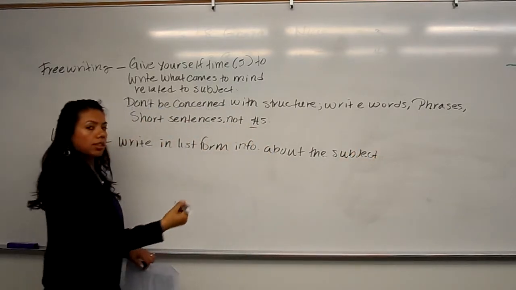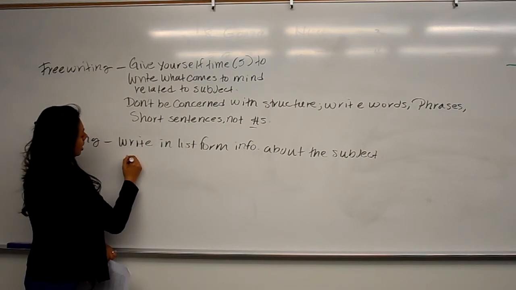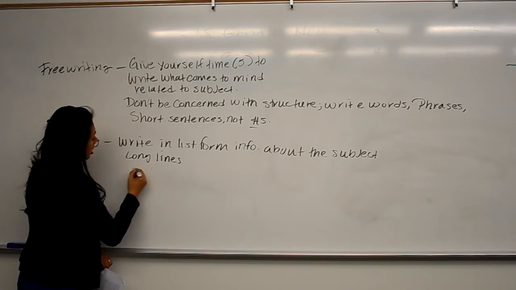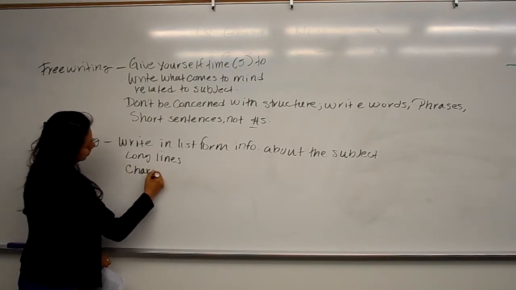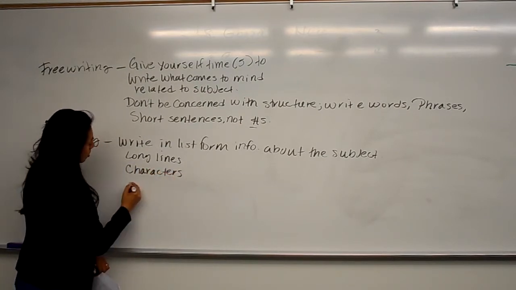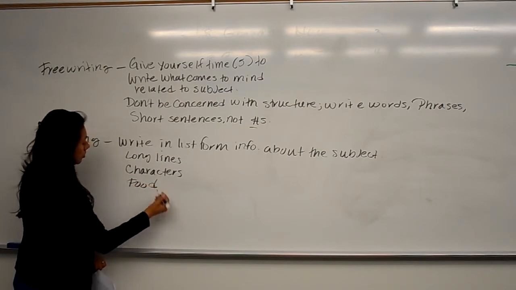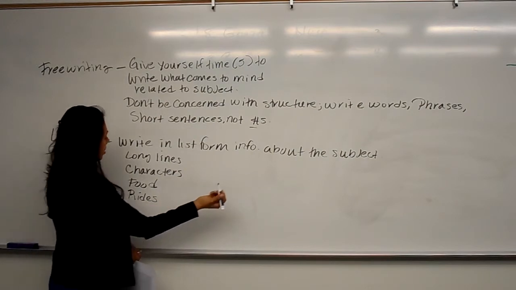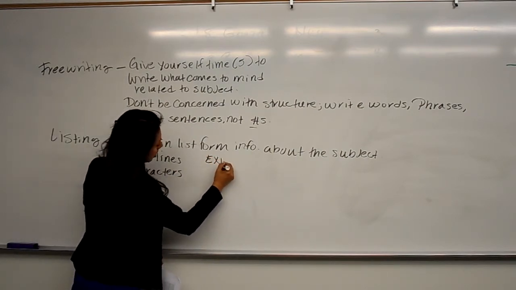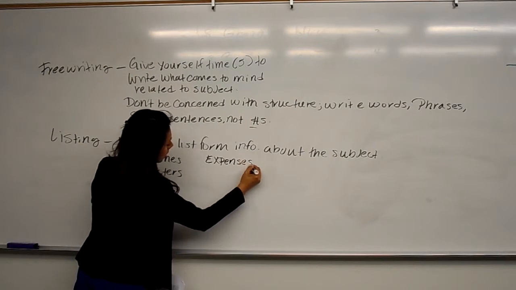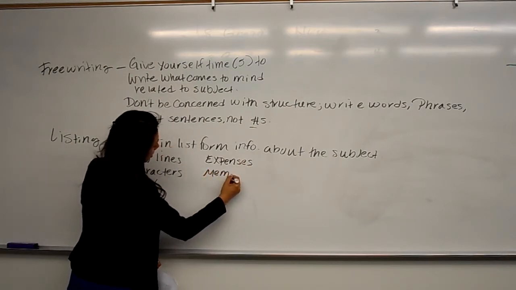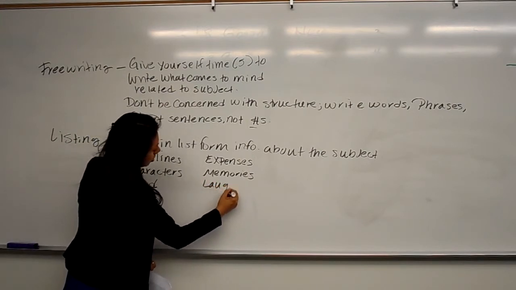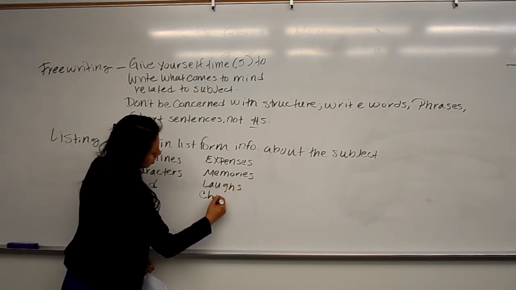Okay, so sticking again with Disneyland, I would write something like long lines, characters. You could write food, rides. You could talk about expenses. You could talk about memories that are made at Disneyland, laughs, children.